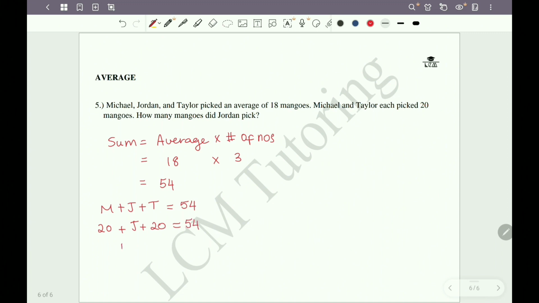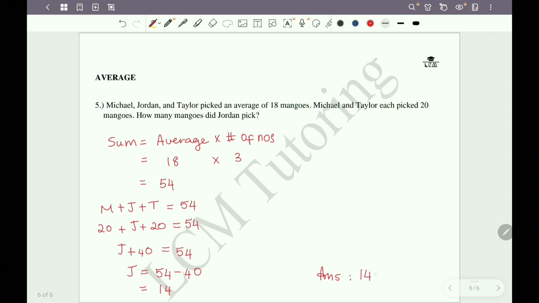Now 20 plus 20 is 40. So Jordan plus 40 should be equal to 54. Right, so simple. How do we find Jordan's amount? That would be 54 minus 40, right? And that gives us 14 mangoes. So we know that Jordan had to have picked 14 mangoes.